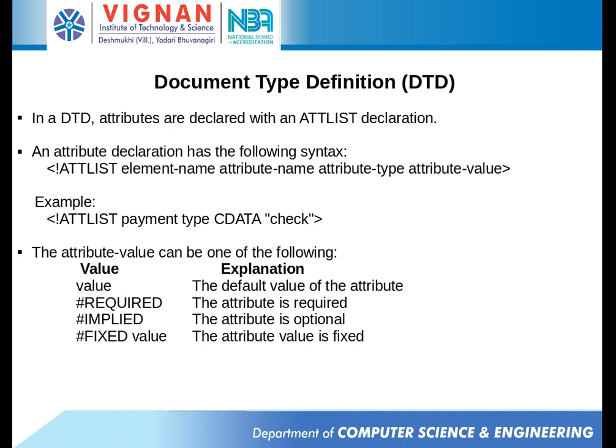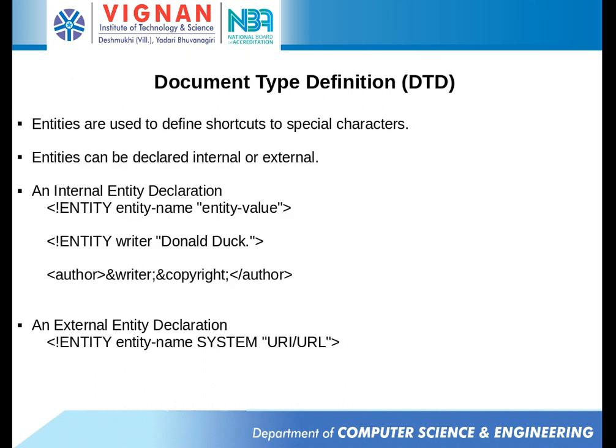Or if we specify #IMPLIED, it indicates the attribute is optional. Or if the attribute value is fixed, like sometimes we say weight in terms of kg, so that the unit is fixed, in that case we will write #FIXED, space, value. So these are all the possible ways by which attributes are specified in DTD.